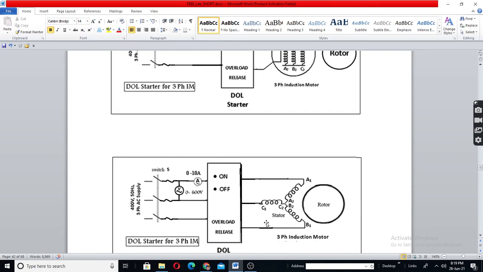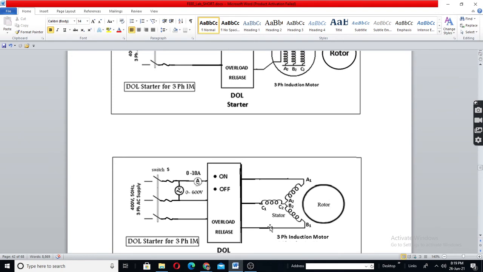We can do it in 6 ways: here, here, here, or here. 6 ways. It is easy for you to do at the motor terminals because here you don't have instruments.